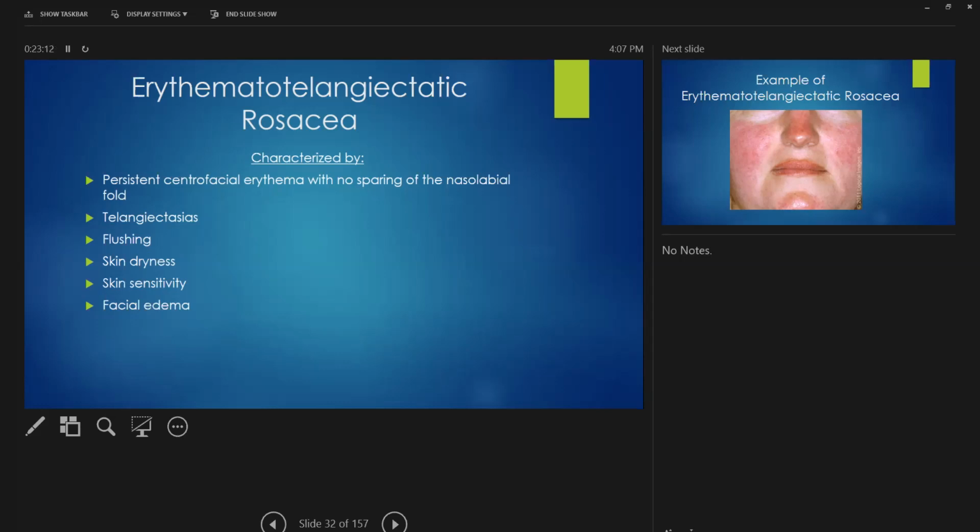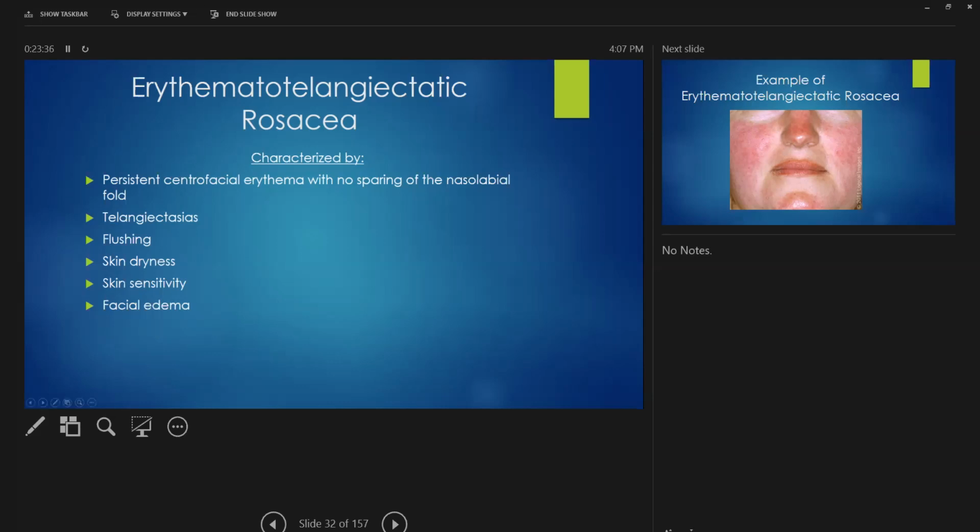So this is the first type of rosacea that we're going to talk about. We'll just break it down to red and telangiectasia. Erythematotelangiectatic rosacea. So if you can say that 10 times fast, you're a better person than me. But it's persistent centrofacial erythema with no sparing of the nasolabial fold.